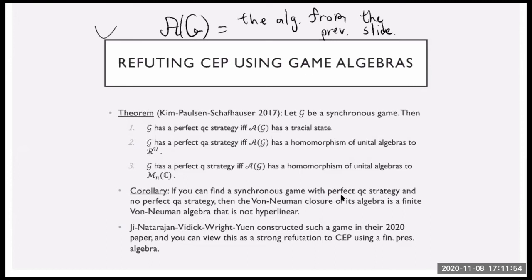So any representation of AG inside R^U will give you a perfect quantum approximating strategy. And as Guy mentioned, this is the easiest part, so 3 is almost by definition. If you have a finite dimensional representation, so any homomorphism into M_n(C), you have a perfect quantum strategy, and this is vice versa.